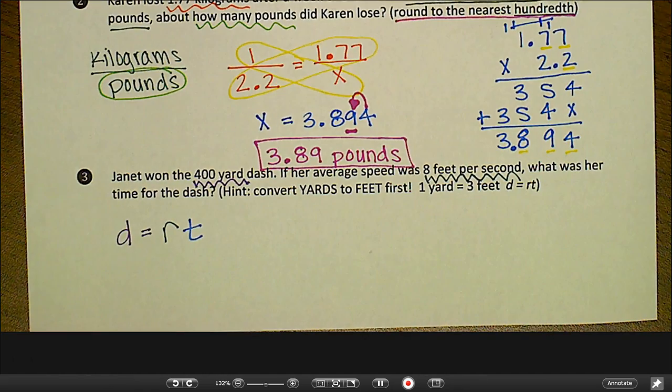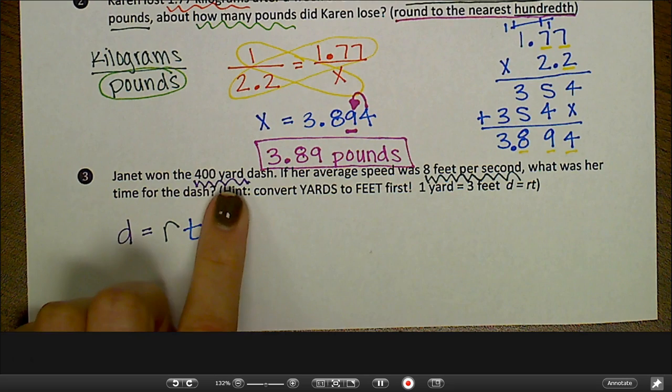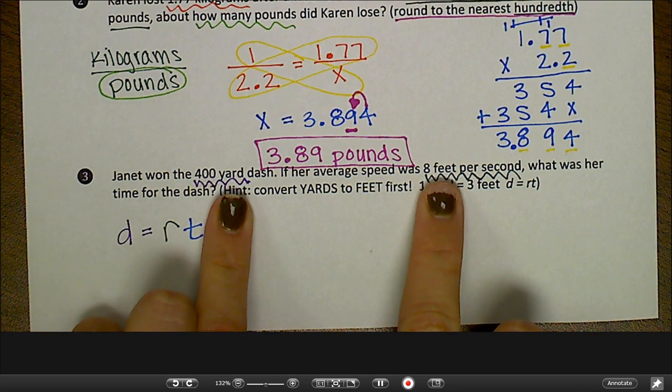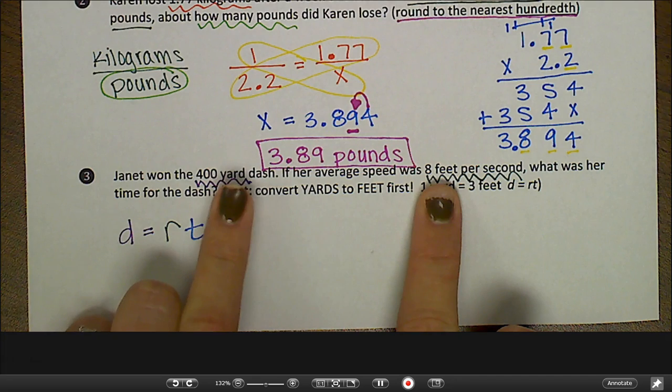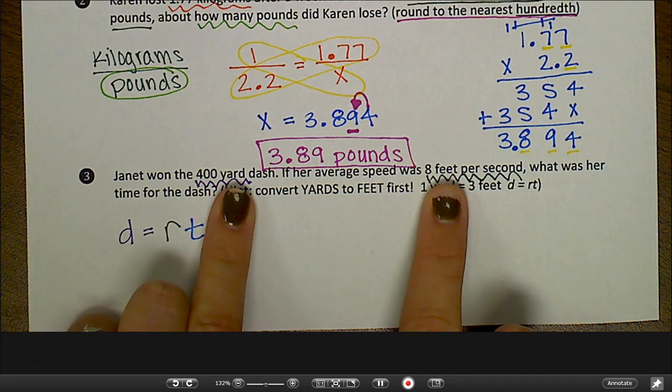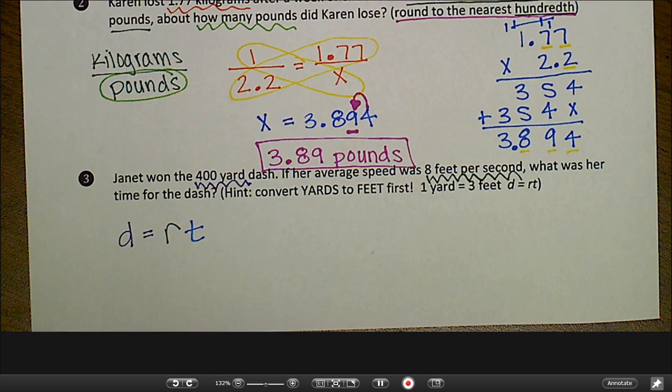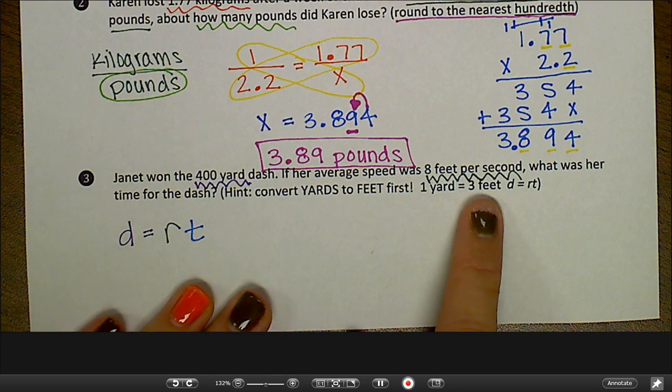Okay, well, we have a problem here. 400 yards, but our rate is in feet. So we can't be doing that. We have to convert everything into the same units. So my preference is always to go ahead and go to those smaller units. I'd rather change yards into feet. And we know from our formula chart that 1 yard equals 3 feet.